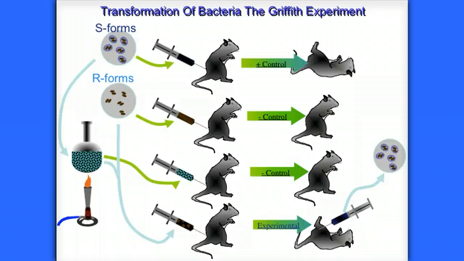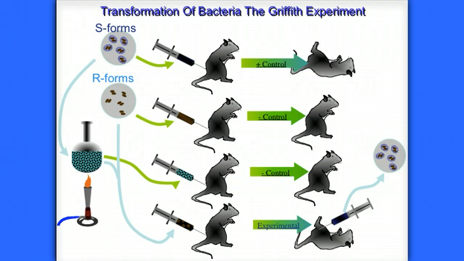That means the S forms, when heated, retained the DNA content; nothing happened to it, but their capsule was destroyed. Therefore the DNA of the S forms transformed the R forms and thereby produced the capsules, and they became virulent and hence killed the animal.